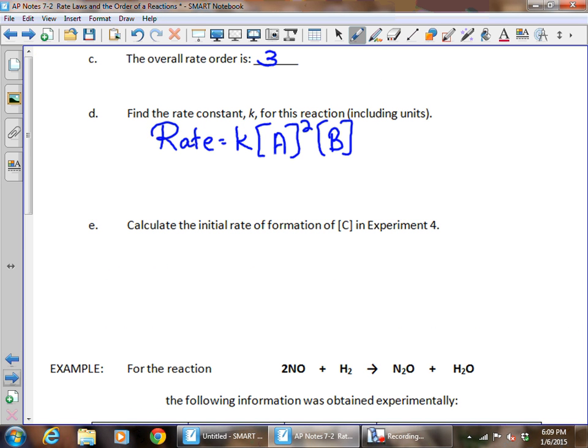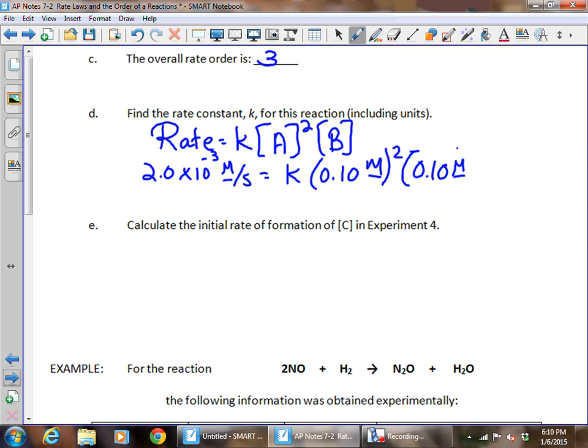We have 2.0 times 10 to the negative third molarities per second equal to K. We said both of these values were 0.10 molar squared and 0.10 molar raised to the power of 1.